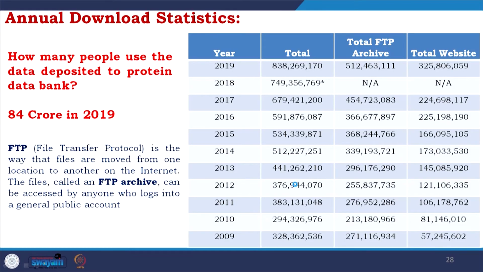Website, you directly go to the website; the FTP, which is a file transfer protocol, is the way that files are moved from one location to another on the internet. So, when people have downloaded structures and all, this comes here, this is 51 crore, and through the website around 32.6 crores.